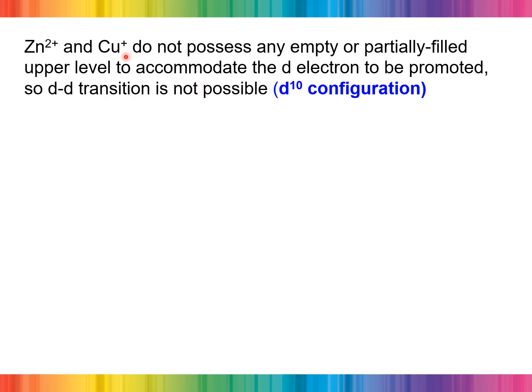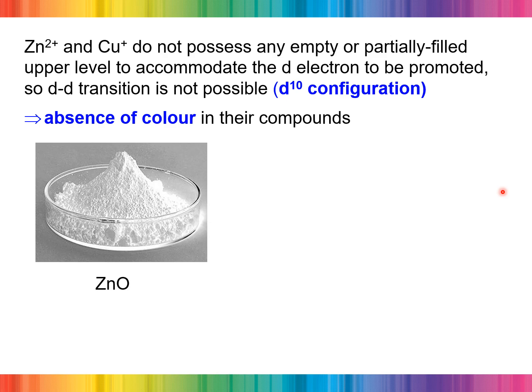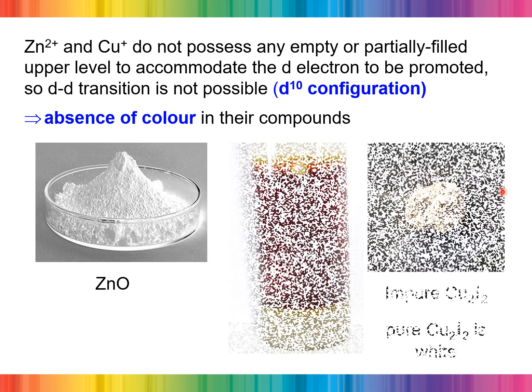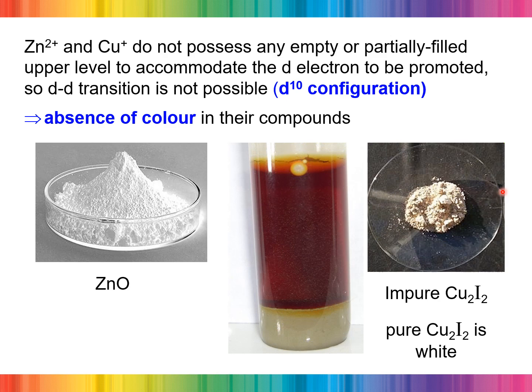In this case, you have many electrons, but you don't have any empty or partially filled upper level to accommodate the d electron to be promoted. So d-d transition is not possible in this case also, no color. Zinc oxide appears white, and copper iodide, if it's impure, looks cream, but if you purify it, copper iodide will look white to you.